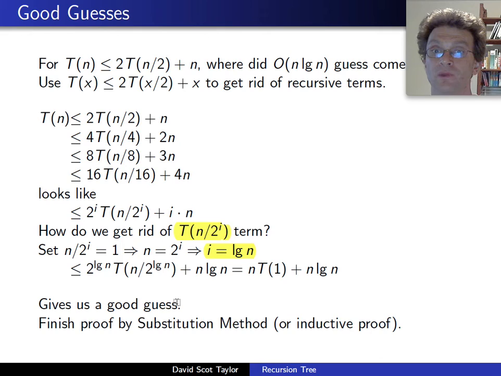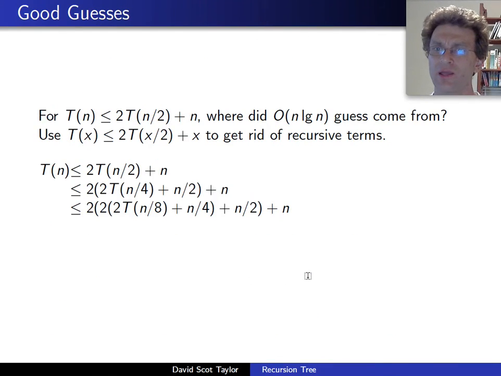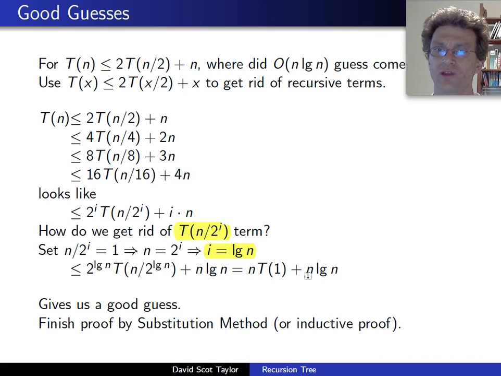So once we have that good guess, we can take one of the two approaches we've seen so far. We can say, hey, n log n seems like a good guess. Since n log n is a good guess, we could plug it in using the substitution method and try to inductively prove that T of n is big O of n log n.